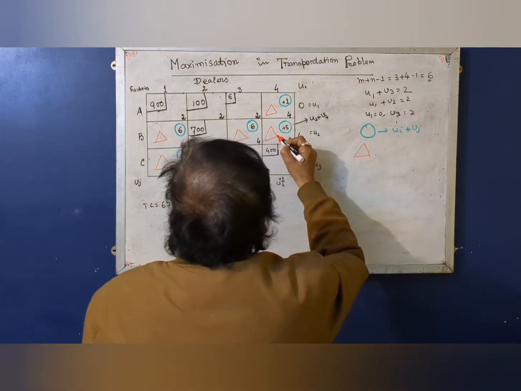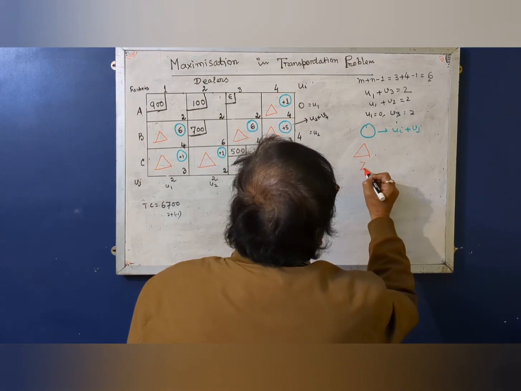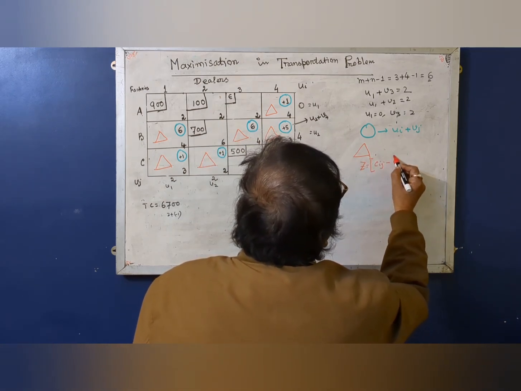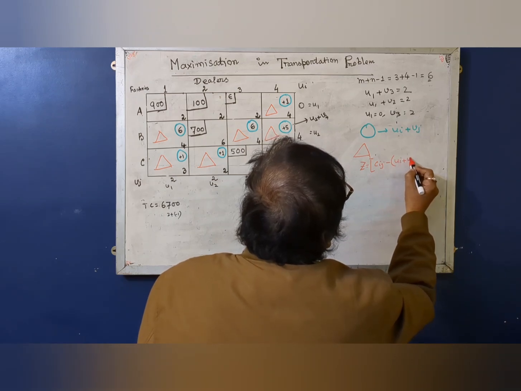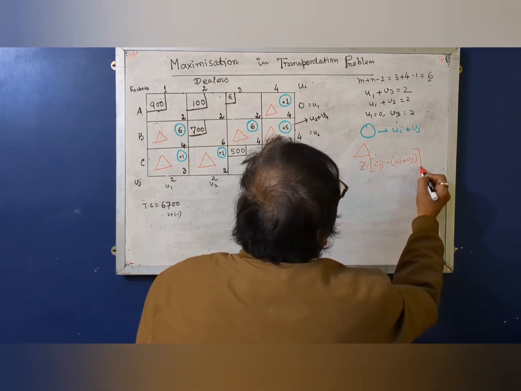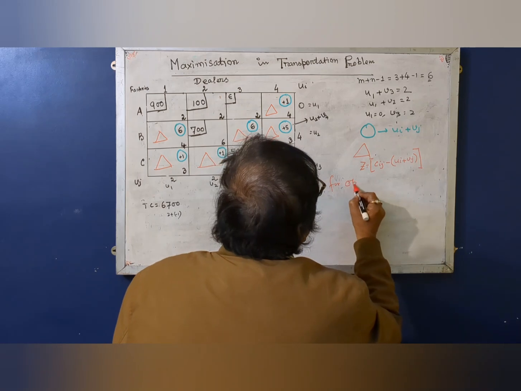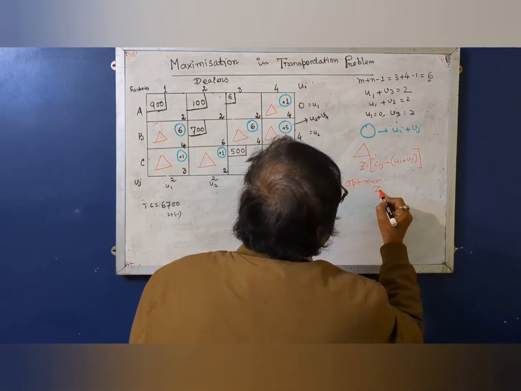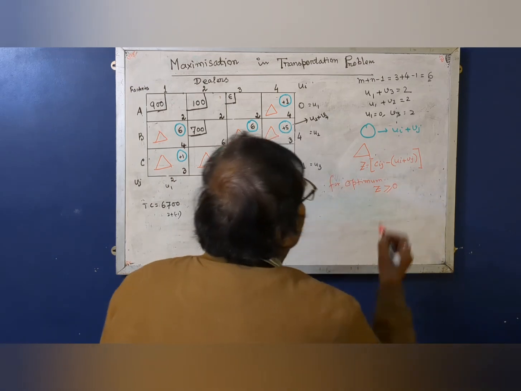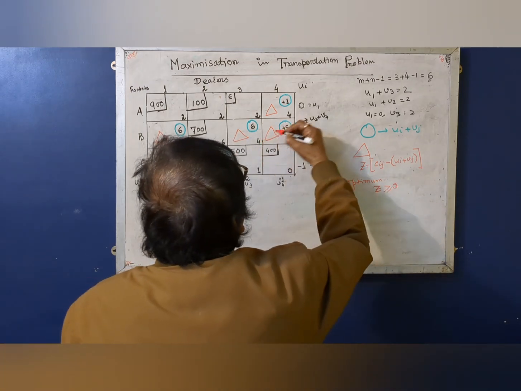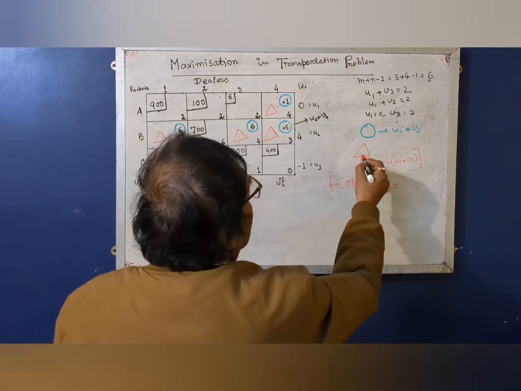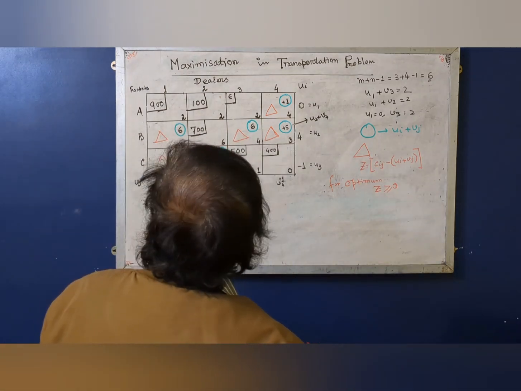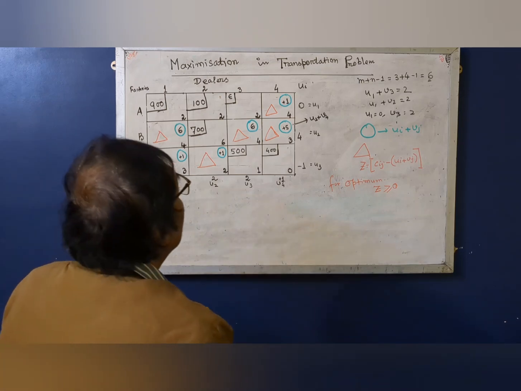The value you have to put here is z equal to Cij minus (ui plus vj), and for optimum, the condition is z greater than or equal to 0. If for all the non-basic cells the value in the triangle is greater than or equal to 0, then you can conclude that you have reached the optimum.